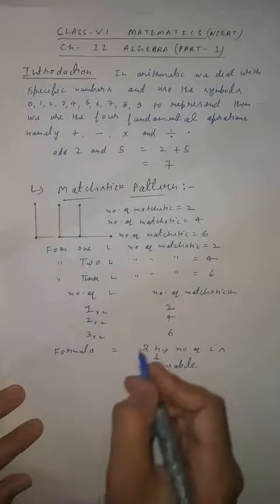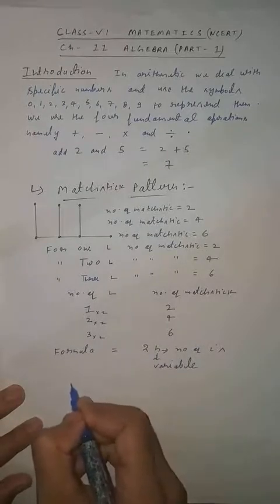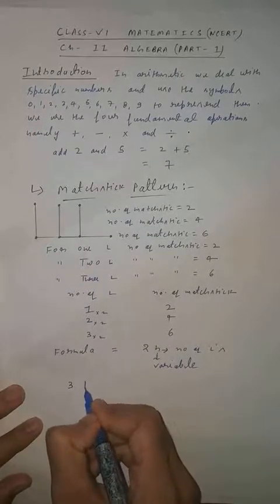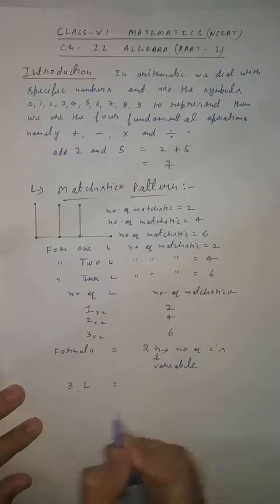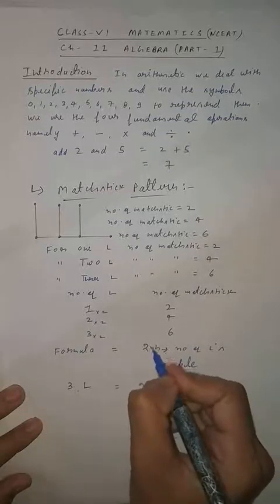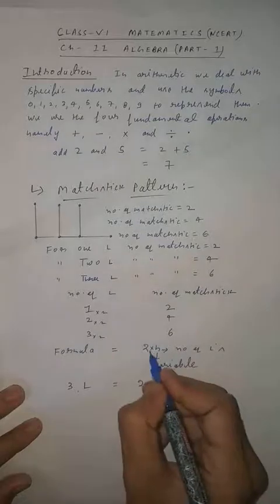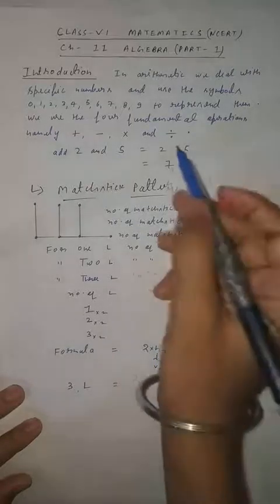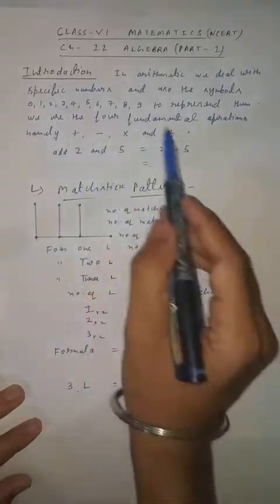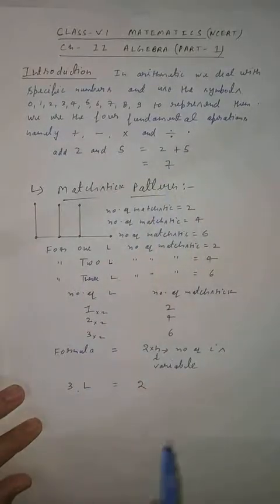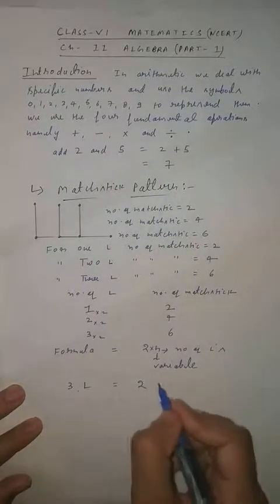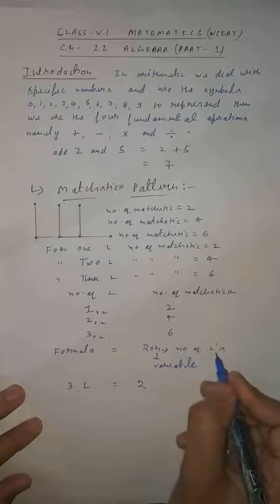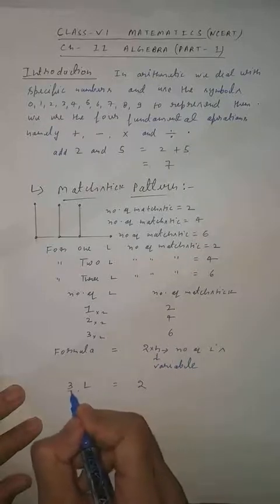2n works like this: if we require 3L, 2 is given and here you put the multiply sign, because 2 into n is given. Initially I explained that you have to use these 4 fundamental signs. So if you want 3L, 2 is given and n means the number of L. Here the number of L is 3.